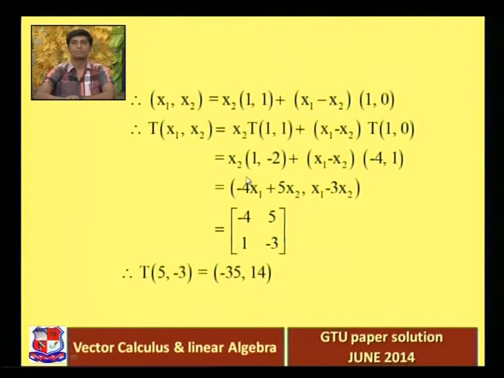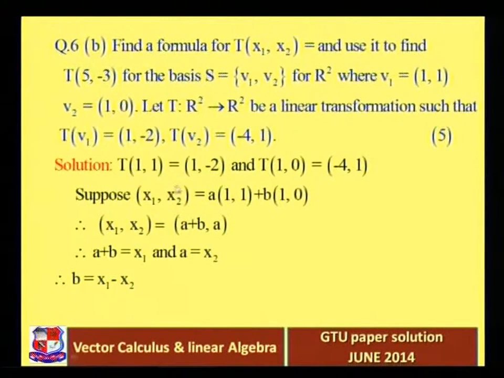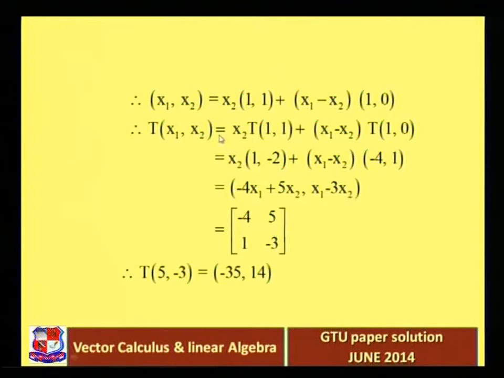Okay, x2 into (1, minus 2). What is the value of T of (1, 1)? You can see T of (1, 1) is (1, minus 2), and T of (1, 0) is (minus 4, 1).